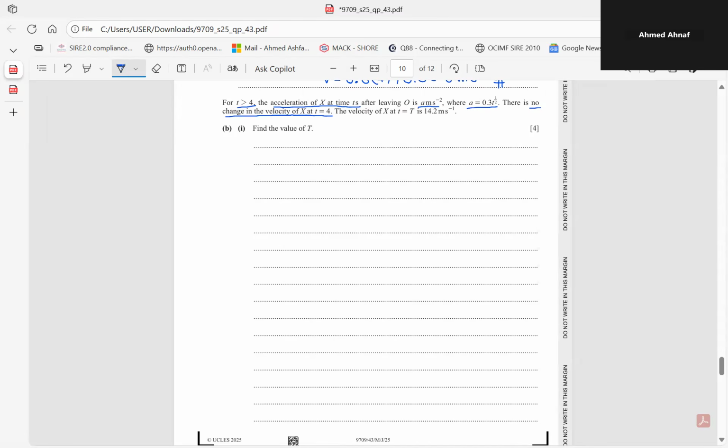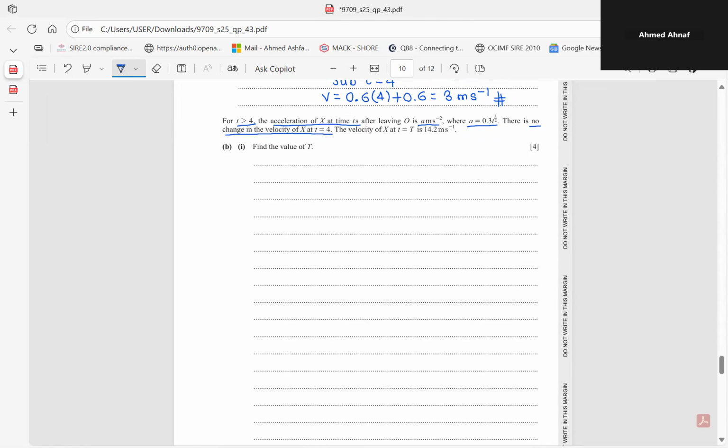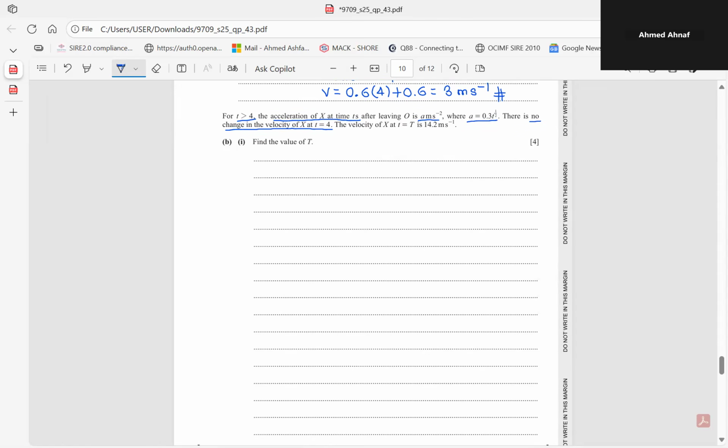Okay, so the velocity at t equals to 4 is still 3 meters per second. And the velocity of x at t equals to big T is 14.2 meters per second. Okay, so for the first part, we're supposed to find the value of T.